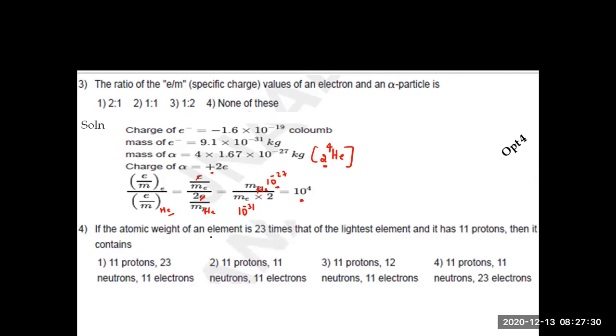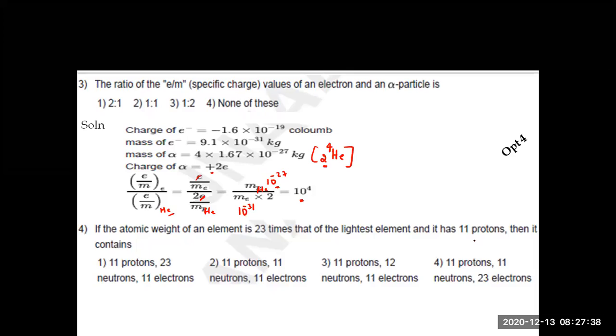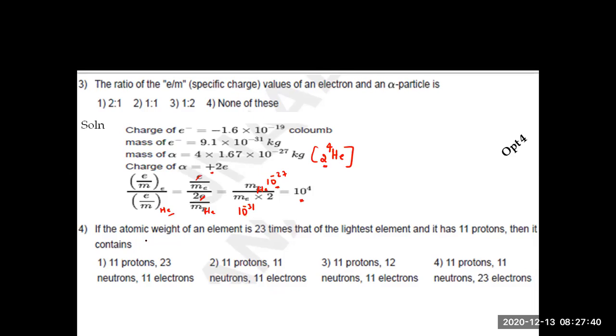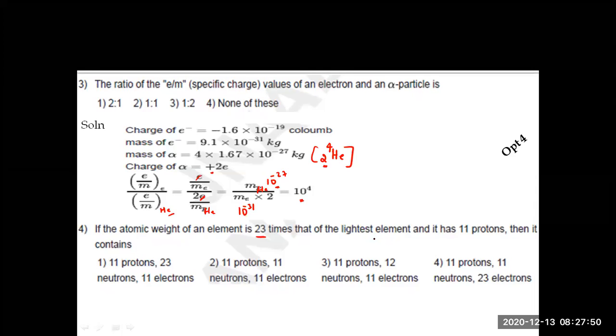If the atomic weight of an element is 23 times that of the lightest element and it has 11 protons, then it contains, okay, so some element, atomic weight of an element is 23, and when it is compared to the lightest element, which is the lightest element in the periodic table? Hydrogen.